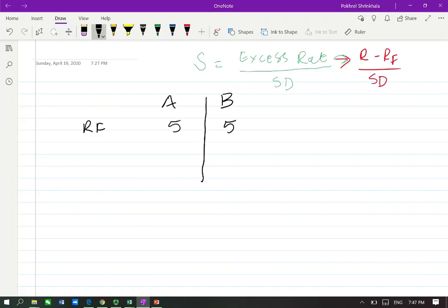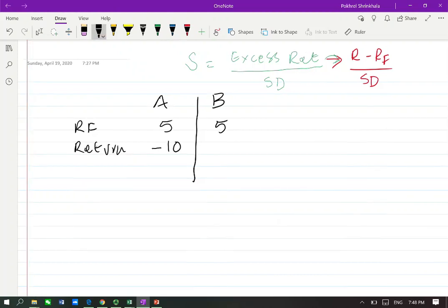Now let's say that the return generated by these funds. Fund A generated a return of, let's say, minus 10%. Whereas fund B generated a return of, let me think, minus 4%.